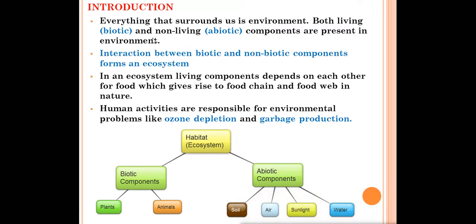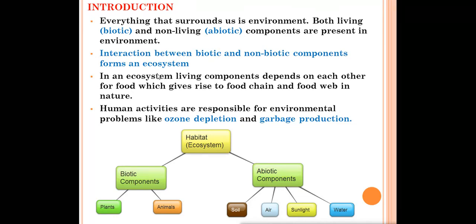It has two components, biotic and abiotic components. All the living things are considered under biotic components, and all the non-living things are considered under abiotic components. Living things, for example plants and animals, are biotic components. Non-living things like air, water, soil, temperature are abiotic components. So in our environment, biotic and abiotic components are present.